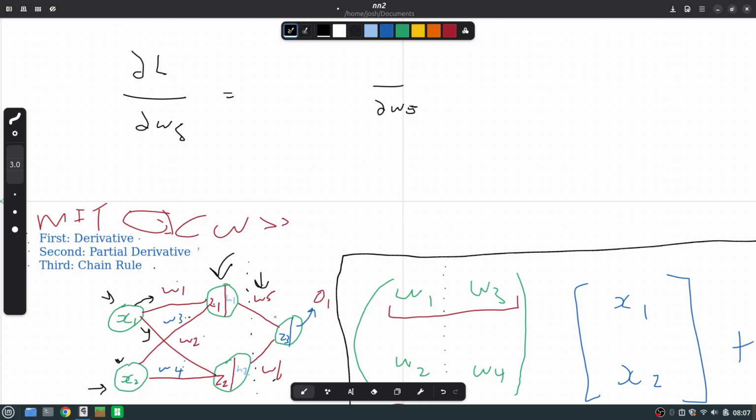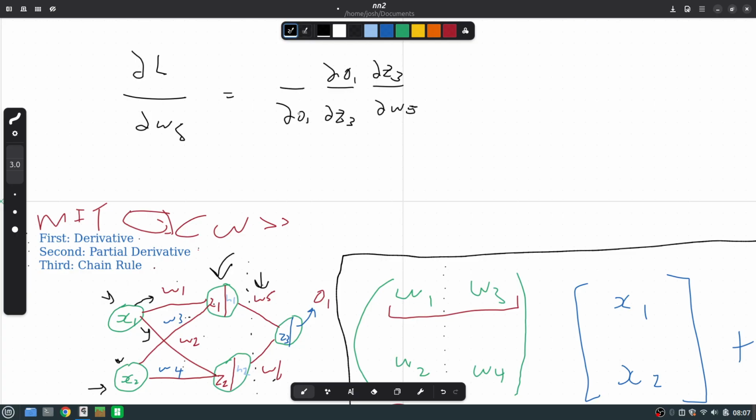A small change in W5 will affect a small change in Z3. I hope you can see why that's happening. And then a small change in Z3, this pre-activation value, will affect a small change in the output. And then a small change in the output.